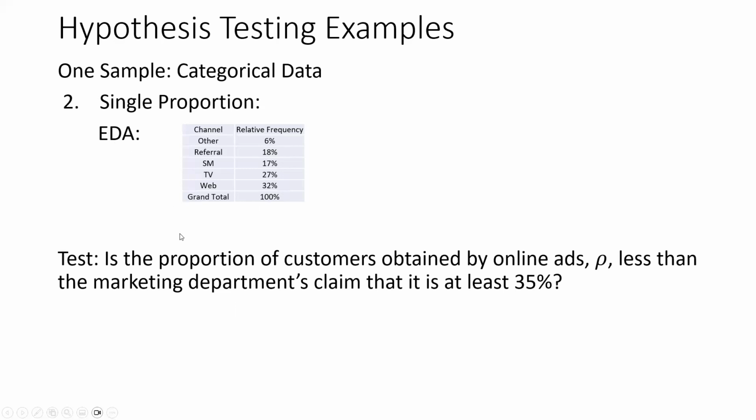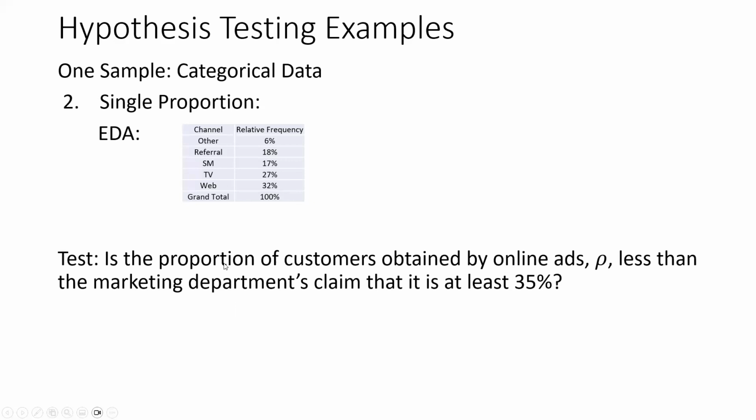This is a little bit of a cartoon example, because I'm claiming that the marketing department is saying that at least 35% of the customers at organic food superstores are coming from the online advertising, which is captured here in the category web. So we see 32%, which is less than 35%. So the question is, maybe it's not as strong as they're claiming.